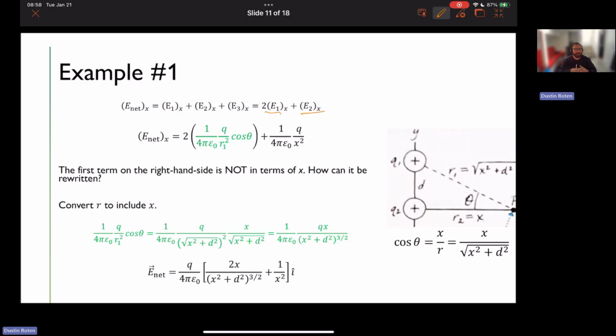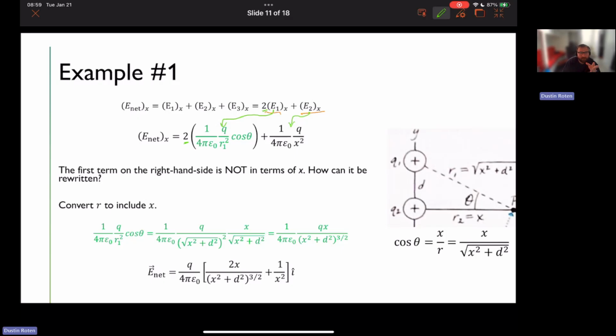Remember, it's a superposition of fields. So I've got this term here. Notice I am still multiplying by 2 outside. Here's my 2E1. Now I just need to also bring down my x component of the second electric field.